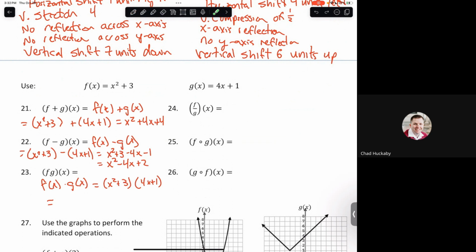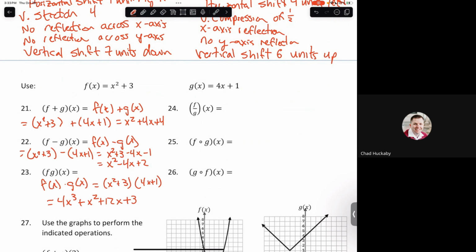We get x squared times 4x, which is 4x cubed. And then we get x squared times 1, plus x squared. And then we move to the second term and do 3 times 4x, which is plus 12x, and 3 times 1, which is 3. And there's no combining of like terms there, so we leave that the way it is.